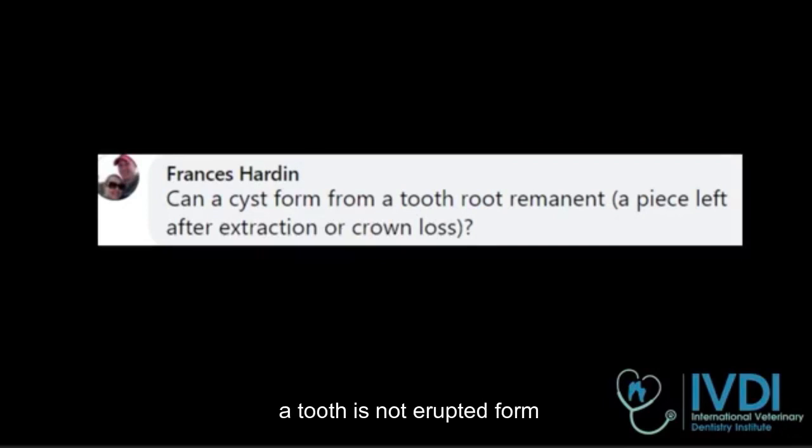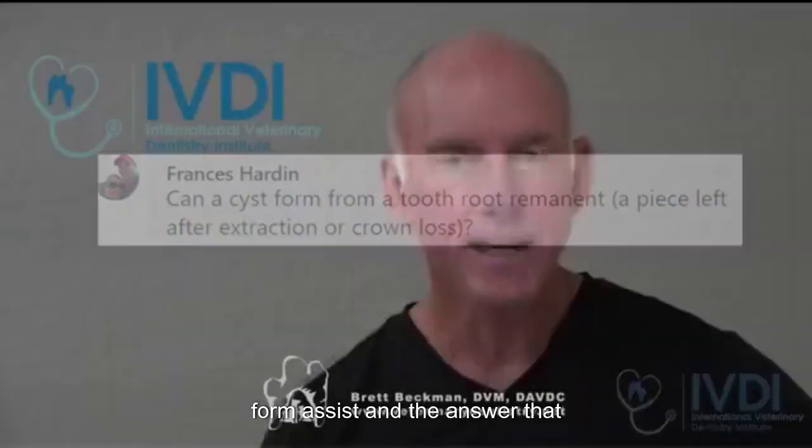Francis, good question. Can a tooth that's not erupted form a cyst, or a tooth root form a cyst? And the answer to that is yes. They are not called dentigerous cysts. They're usually referred to as radicular cysts. Radicular cysts. That's a ridiculous thing to try to say together. But a radicular cyst, meaning of the root.